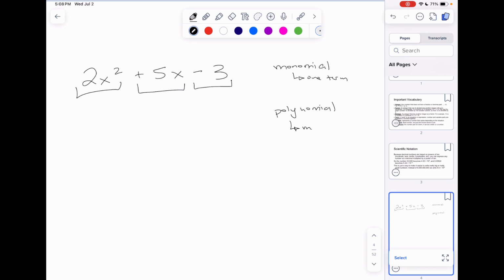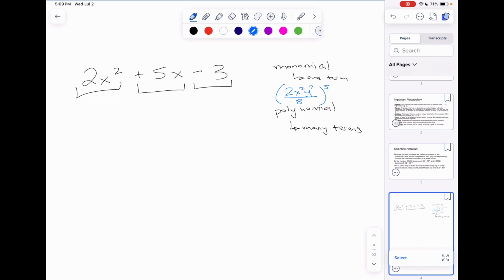Polynomial meaning many terms. Now, a monomial, again, is held together with multiplication or division. So if I go like this, it's a monomial. If I go like this, 2 times x, it's a monomial. If I square the x, 2 times x squared, it's still a monomial.